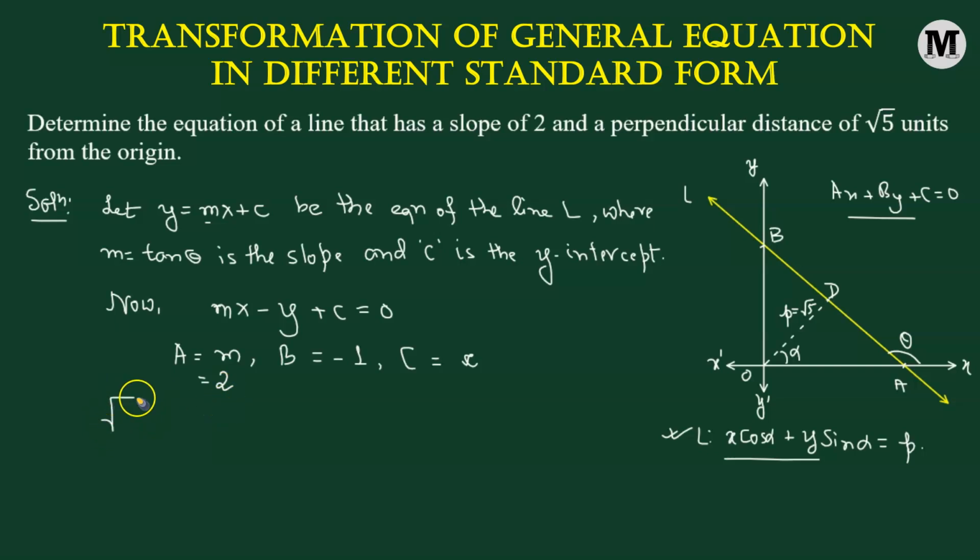Now what we'll do next is we're going to find out the square root of a squared plus b squared. So that's going to give us the value square root of 5.